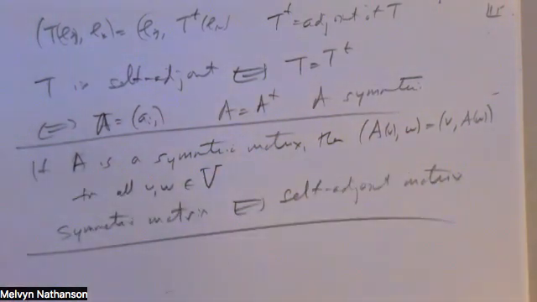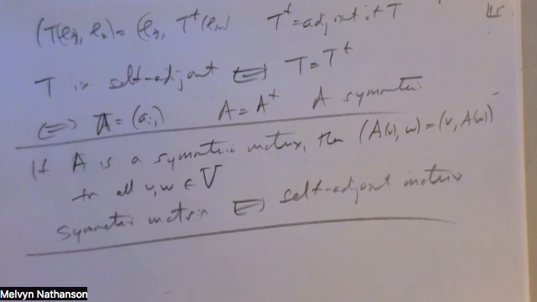So symmetry of a matrix simply means that if you reflect it through its main diagonal, you recover the original matrix. And a self-adjoint matrix has the property that for any vectors V and W, the inner product of AV with W is the same as the inner product of V with AW.